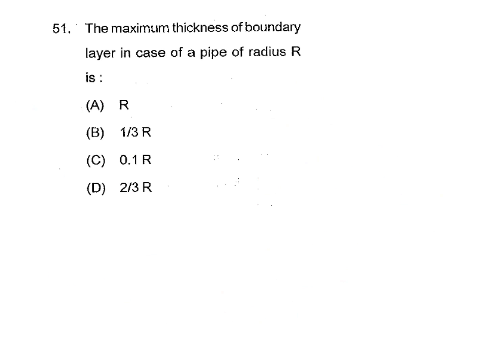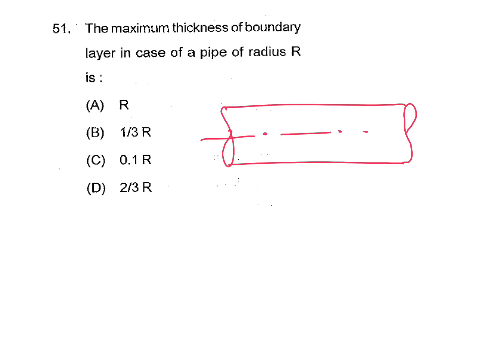The maximum thickness of boundary layer in case of a pipe of radius r is, for pipe flow, both sides.